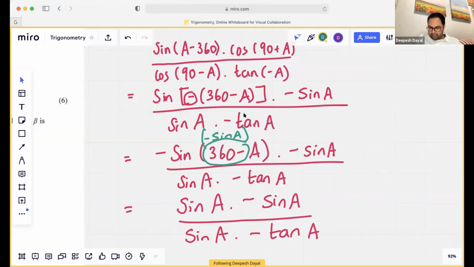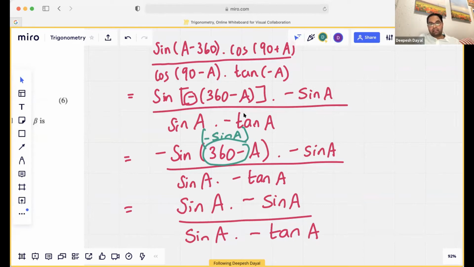Okay, who has this so far? Or who's lost and needs clarification on any of the steps? Please do unmute yourself and ask. No, that is a bit of a long way to use the compound angle formula. I wouldn't recommend it.